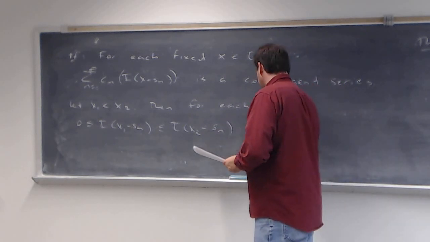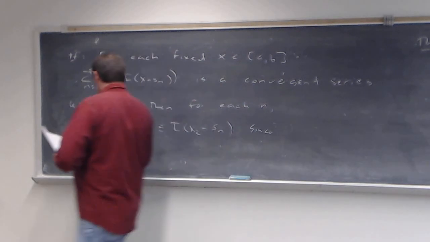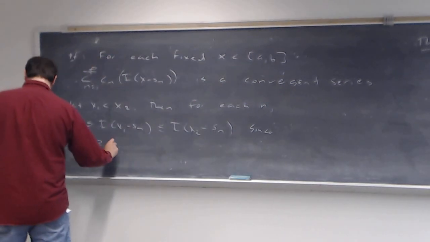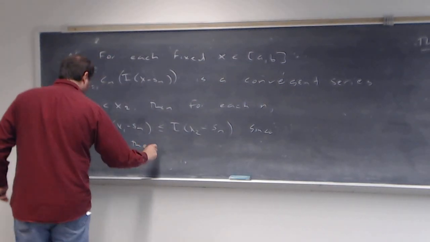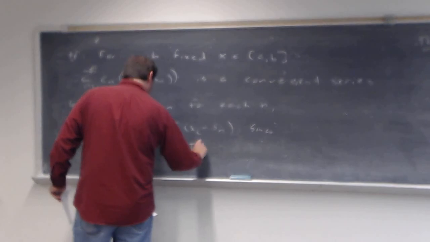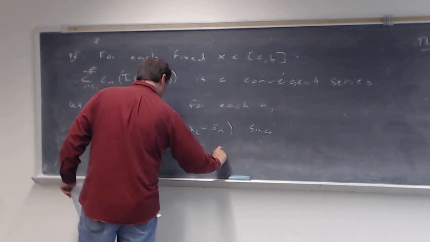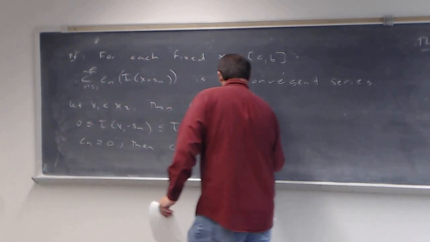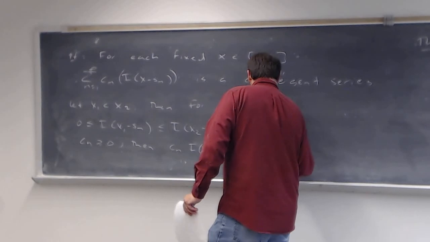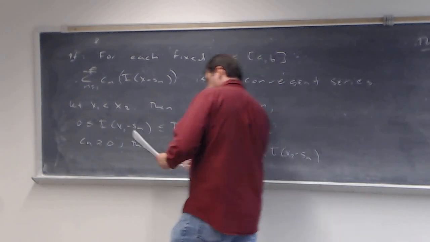And so since c sub n is greater than or equal to 0, then c sub n times I of x sub 1 minus s sub n is going to be less than or equal to c sub n times I of x sub 2 minus s sub n.